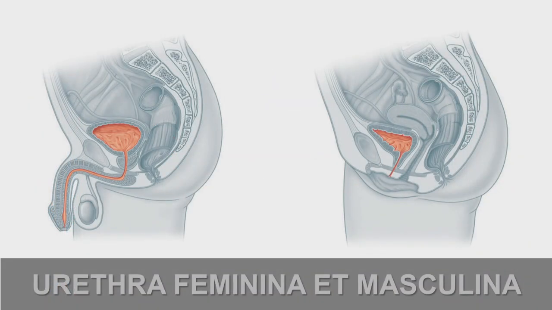Urethra is exactly different in male and woman. It's clear. In male, it's about twice as long, and in women, it's straight. Both genders have problems with urethra. In women, urethra is short, and this is a short way for infection from outside to inside.